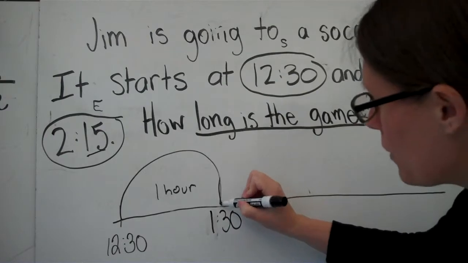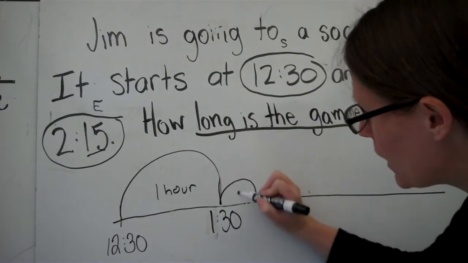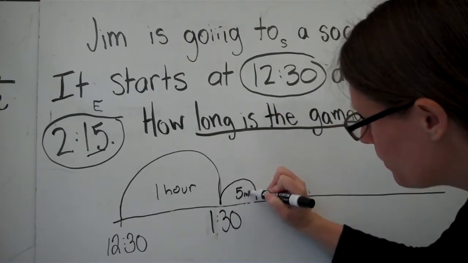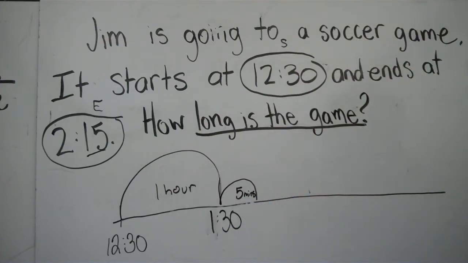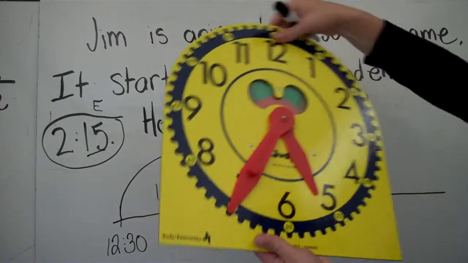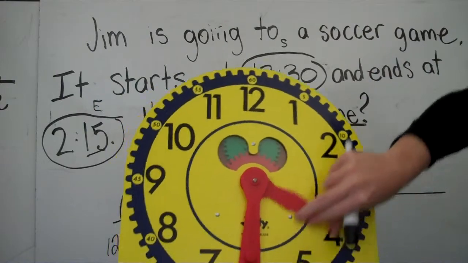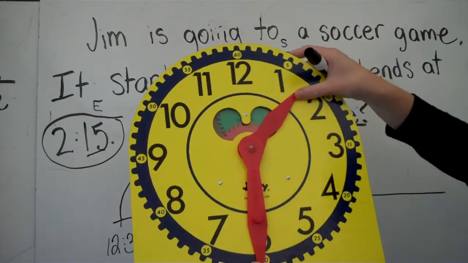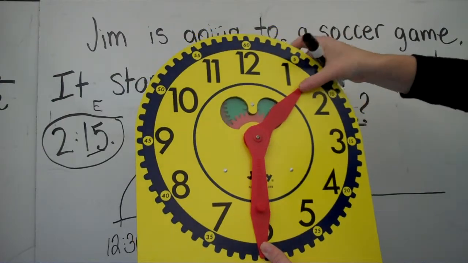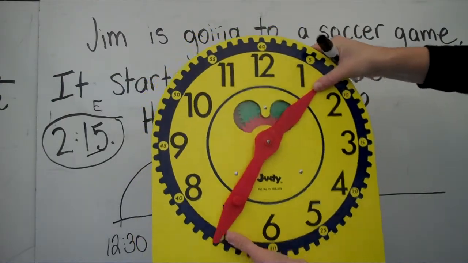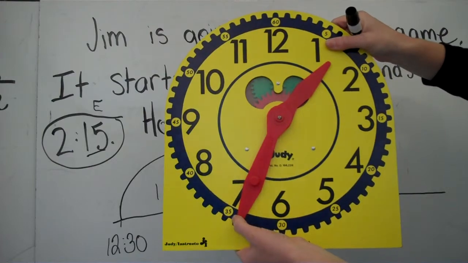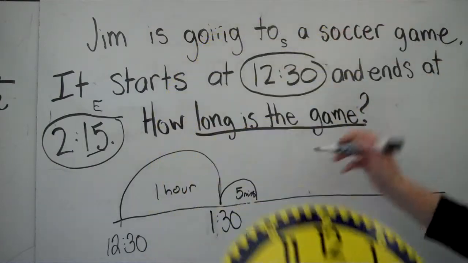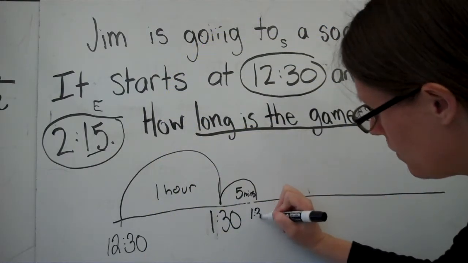So I'm going to go 1:30, I'm going to hop 5 minutes. So 1:30, if you want to use a clock to help you, I have 1:30 here. I'm going 5 more minutes. I'm moving my minute hand 5 minutes. I get to 1:35.